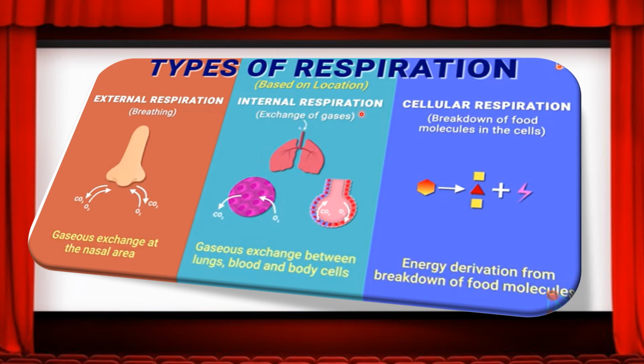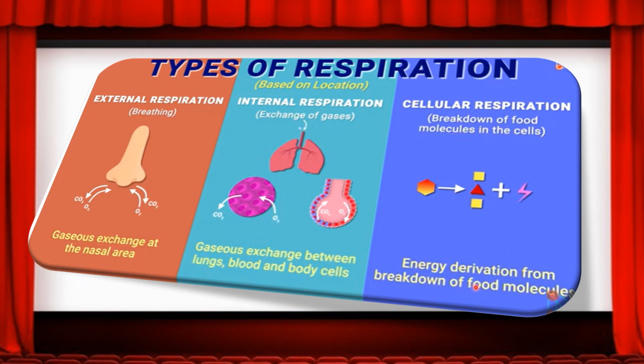Next, internal respiration. Internal, it happens inside. Exchange of gases, particularly in our organ, the lungs. Gaseous exchange between lungs, blood, and body cells. And the third one is cellular respiration. This is the breakdown of food molecules in the cell.